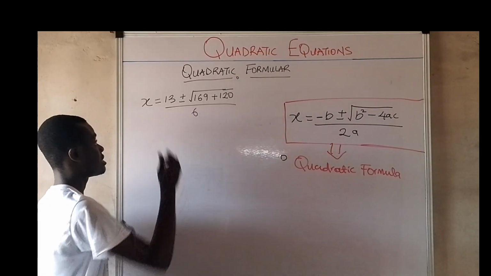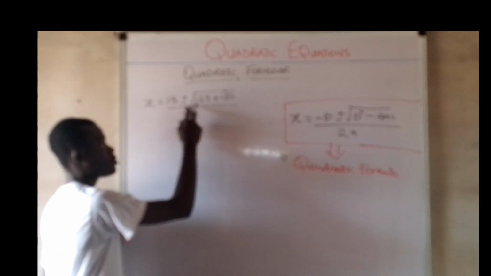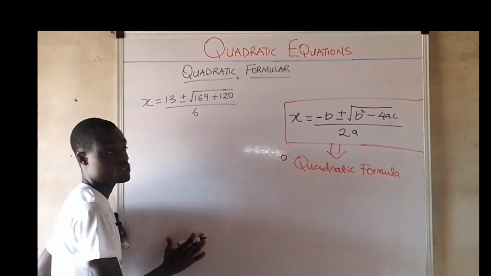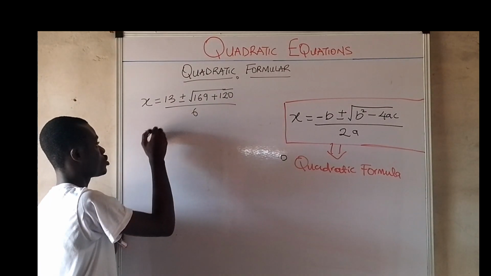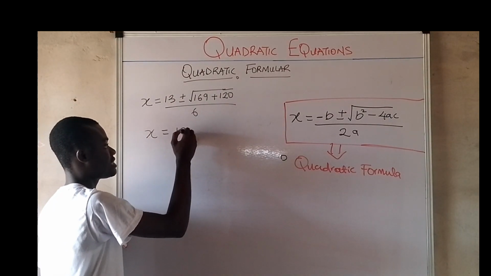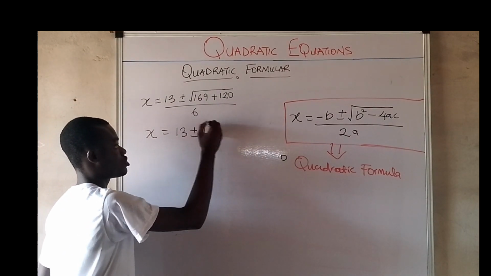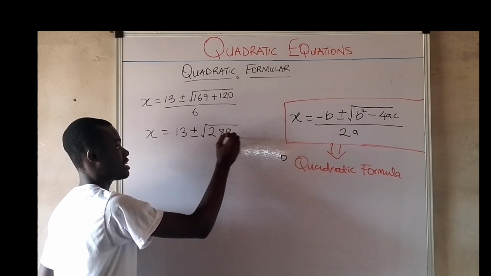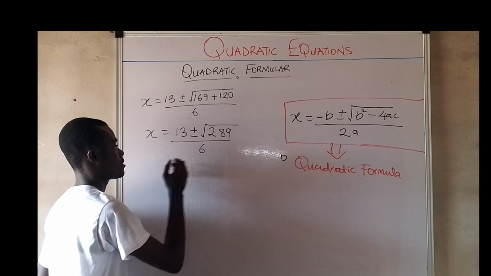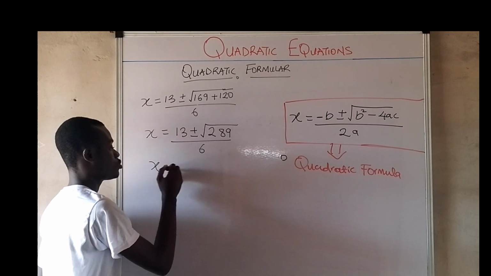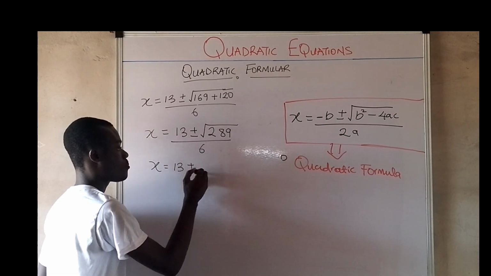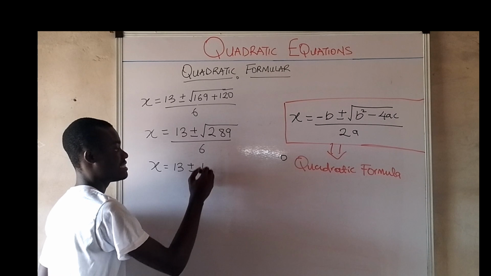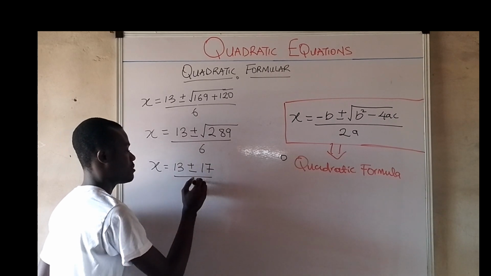So we have x is equal to 13 plus or minus the square root of 169 plus 120, all over 6. When we simplify further, 169 plus 120 gives us 289 over 6. Then x is equal to 13 plus or minus the square root of 289, which is 17, divided by 6.